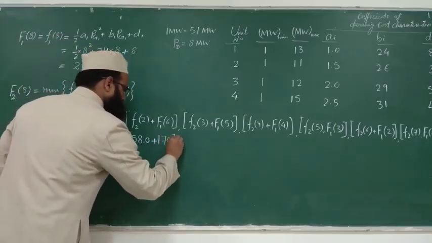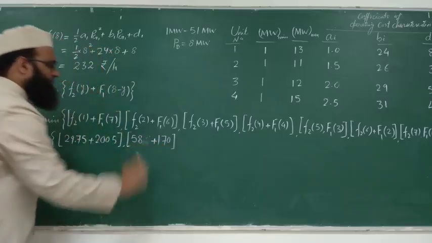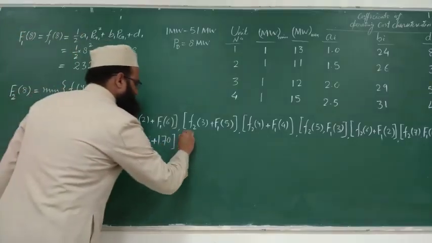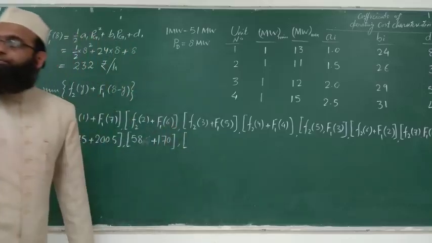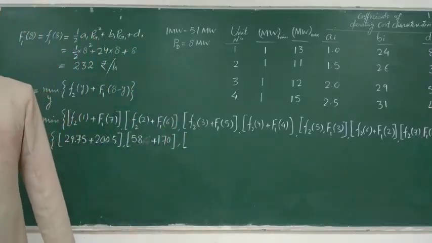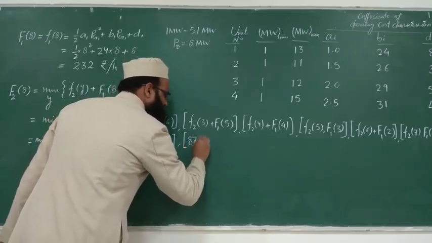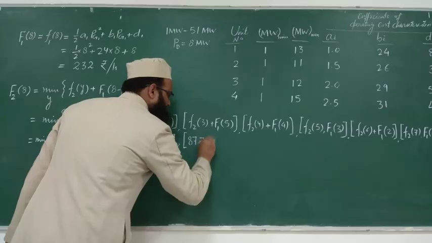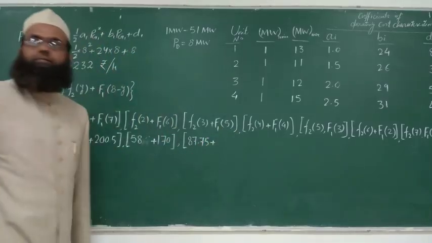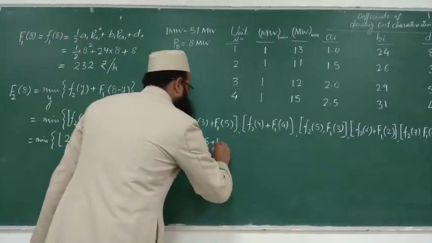Okay, write it 170. 58 plus 170. Okay, next. F23, right? 87.75 plus F15, 140.5.